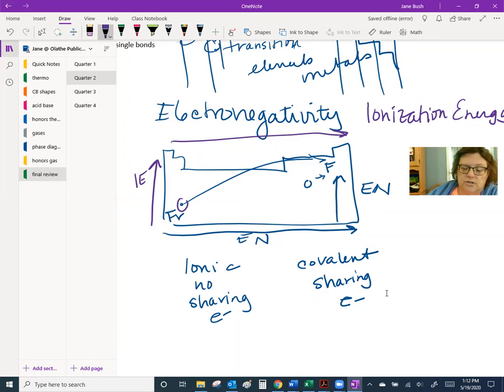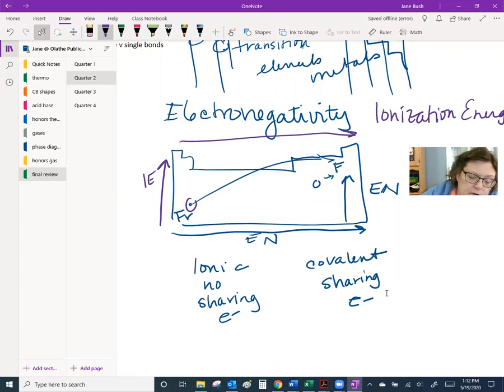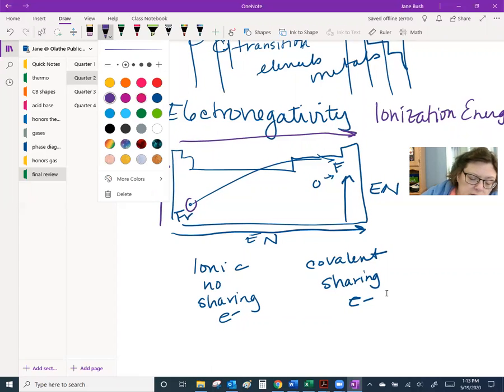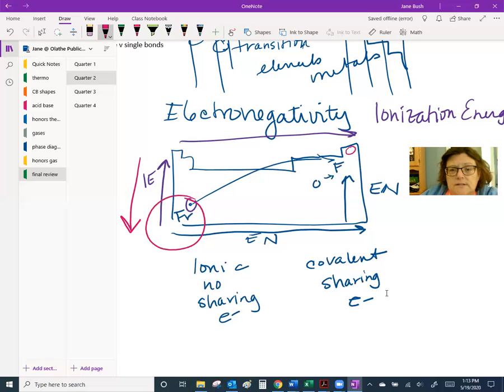The third relationship is radius. This is the one that is opposite. Francium has the biggest radius. Technically, helium would have the smallest radius. But the radius increases as you go down because you put a new shell on.